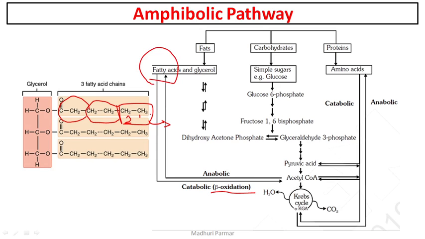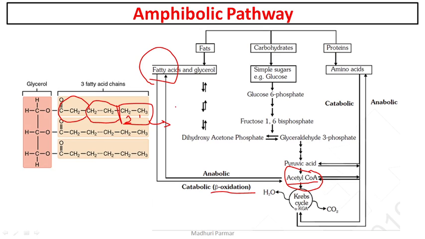Now what happens to these 2 carbons which are removed? These 2 carbons form what is known as acetyl-CoA. Acetyl-CoA, if you remember, is nothing but your acetate group, or just 2 carbons attached to coenzyme A. Clear? So after beta oxidation of fatty acid, you get acetyl-CoA.